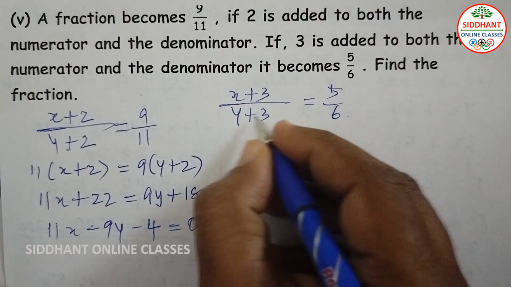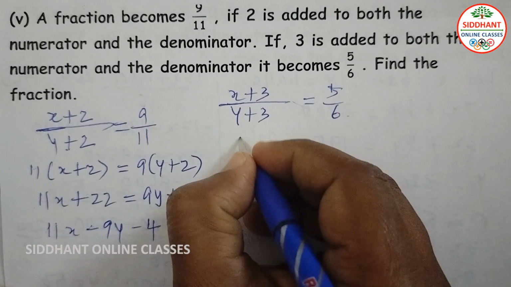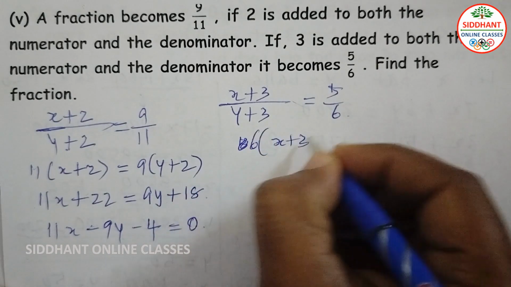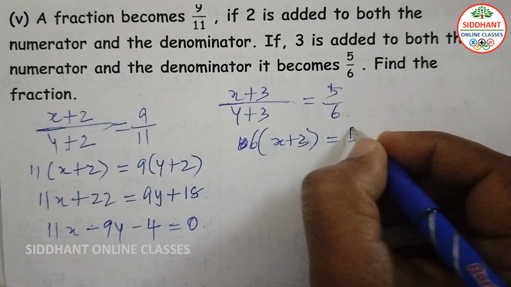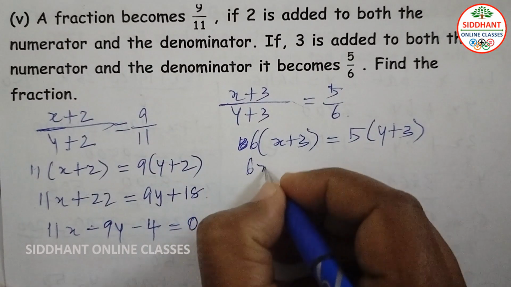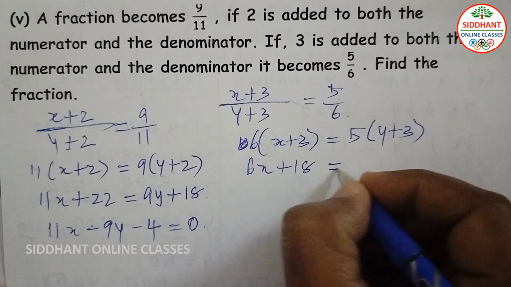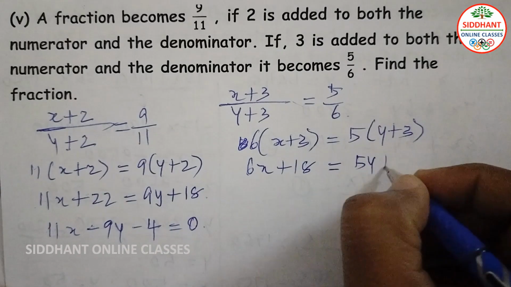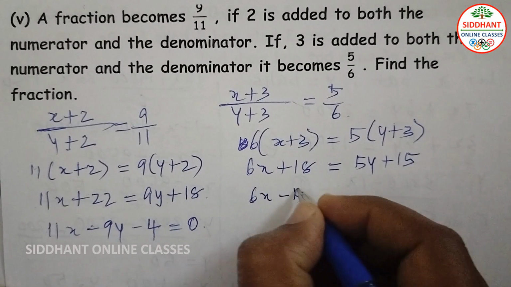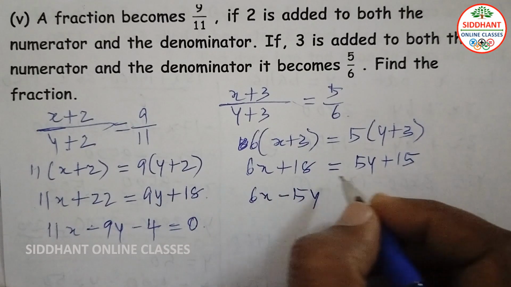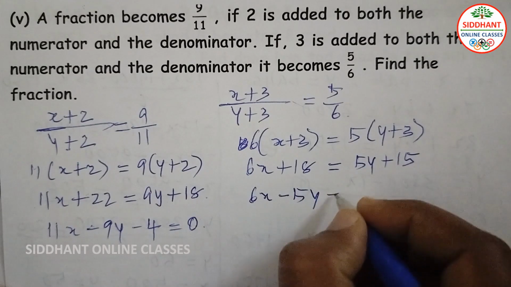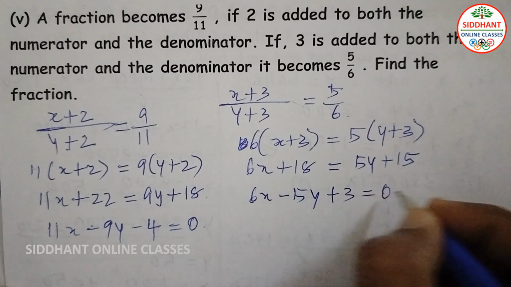In the other equation, by cross multiplication, 6 into x plus 3 equals 5 into y plus 3 here. So 6x plus 18 equals 5y plus 15. So now 6x minus 5y, coming to left side, 18 minus 15, so that will be plus 3, equals 0.